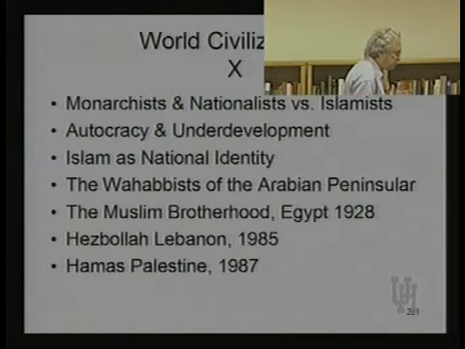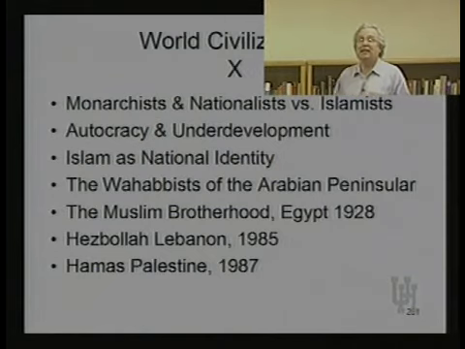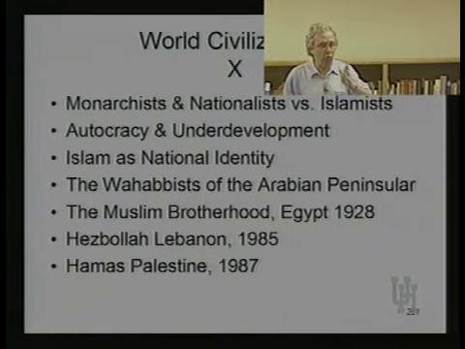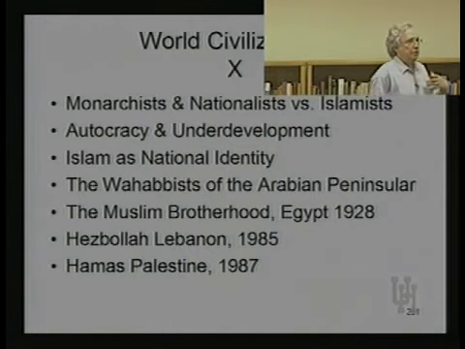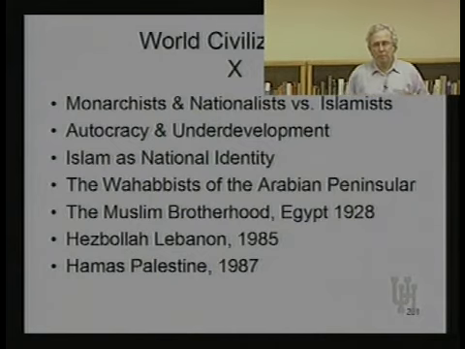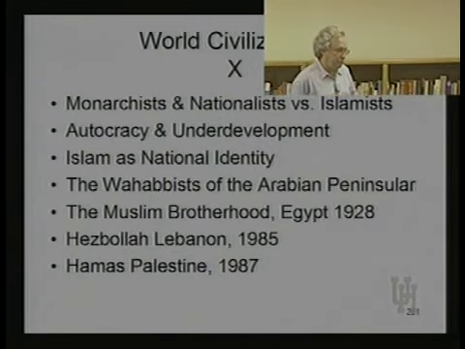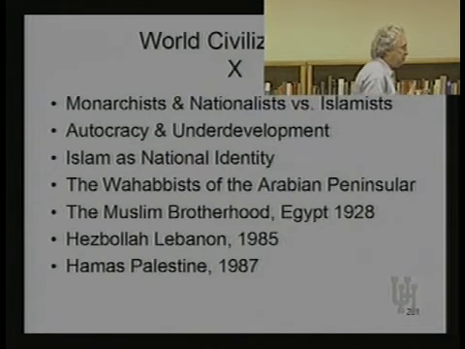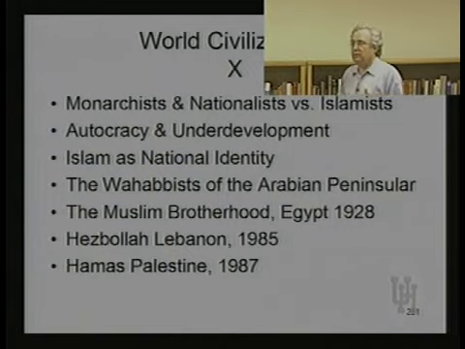Back in the 18th century, in the Arabian Peninsula, back in the 18th century when the Ottoman Empire ruled the Middle East, in the southern Arabian Peninsula, a movement developed known as Wahhabism. The Wahhabists were militant Islamists.